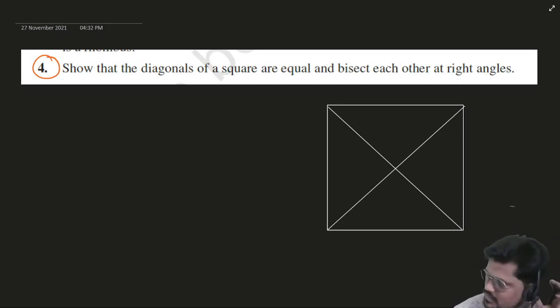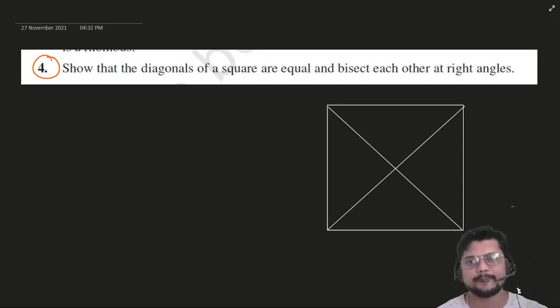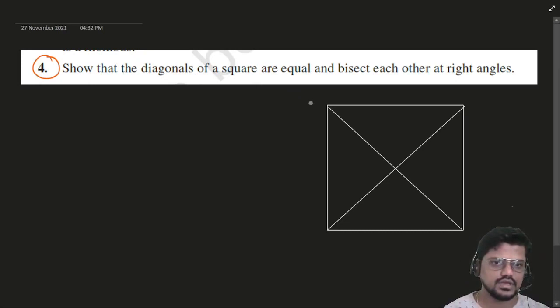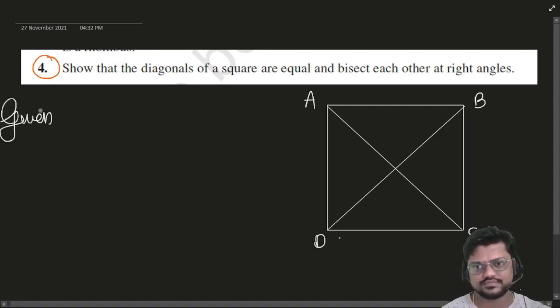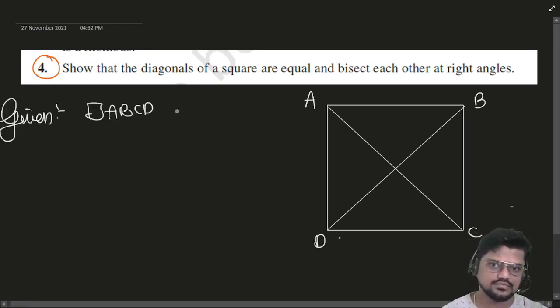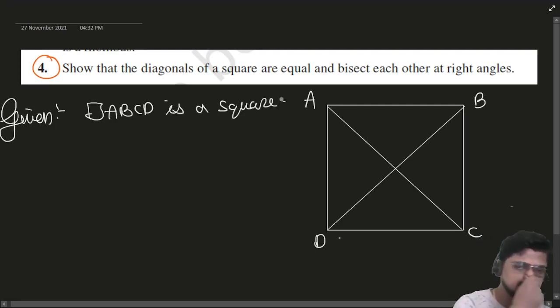If this is A, B, C, and D, what is given is that quadrilateral ABCD is a square.